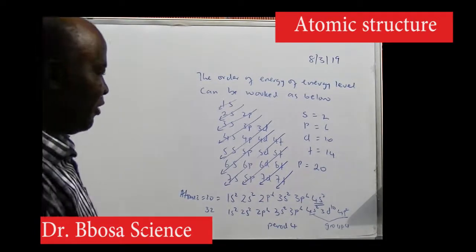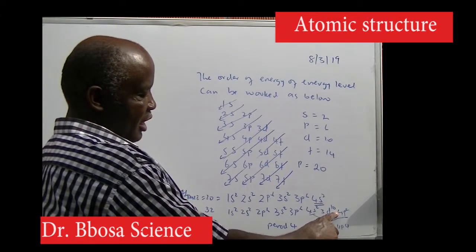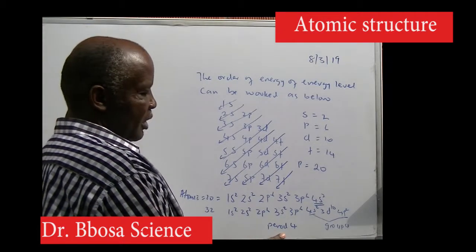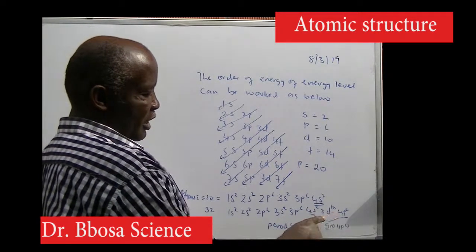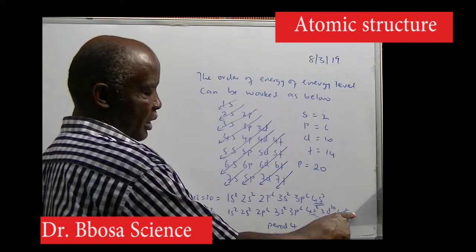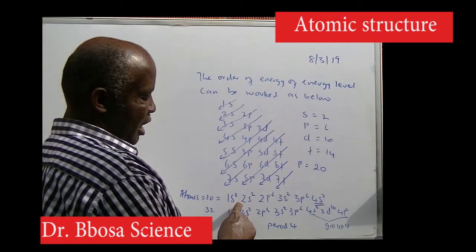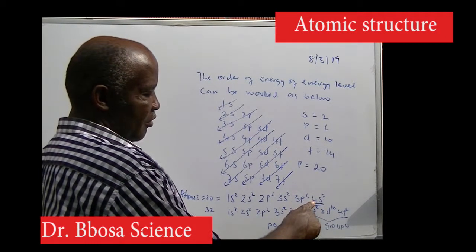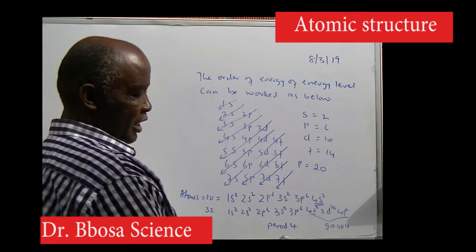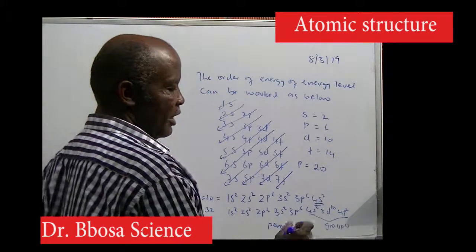The outermost filled shell gives you the period, and the number of electrons in the outermost shell is 4, 2 in 4s and 2 in 4p, so it is in group 4. For the other element, the outermost filled shell is 4, so it is in period 4, and the number of electrons in the outermost shell is 2, so it is in group 2.